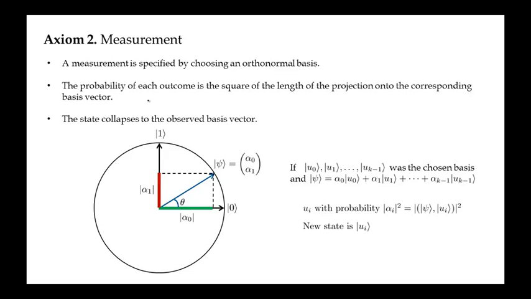Well, it collapses onto a random one, the jth one, with probability cosine squared theta, where theta is the angle between the state vector and the jth basis vector. So it's the square of the magnitude of the inner product between the state vector and the jth basis vector. Moreover, the result of measurement is that the state collapses to the jth basis vector.